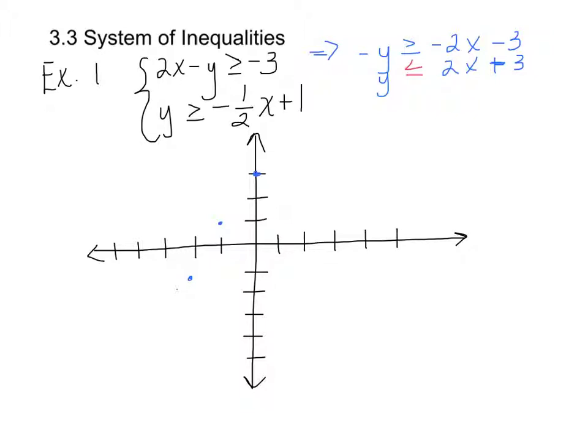And then always check to see if your line is included. And in this case it is, so it's going to be a solid line. And we're shading less than, so that's everything below.